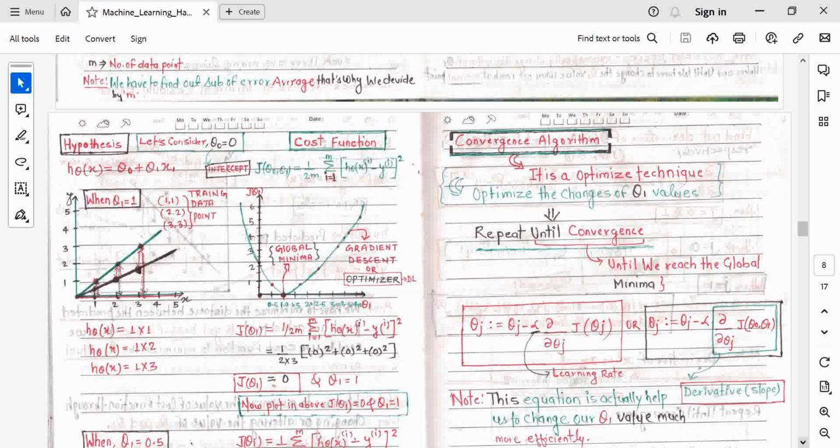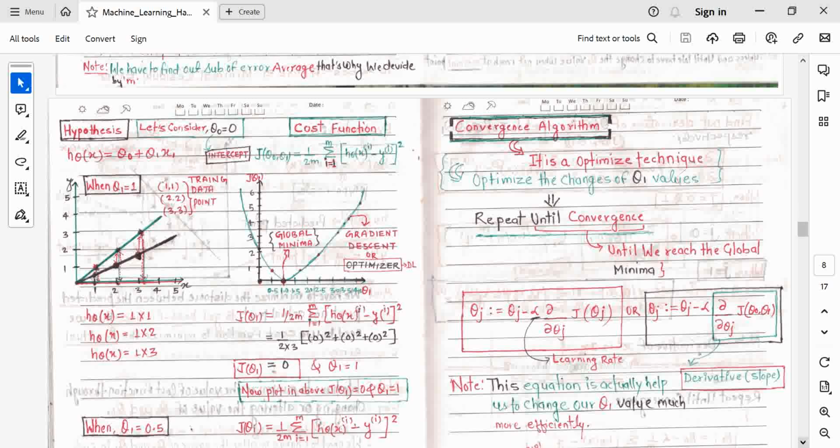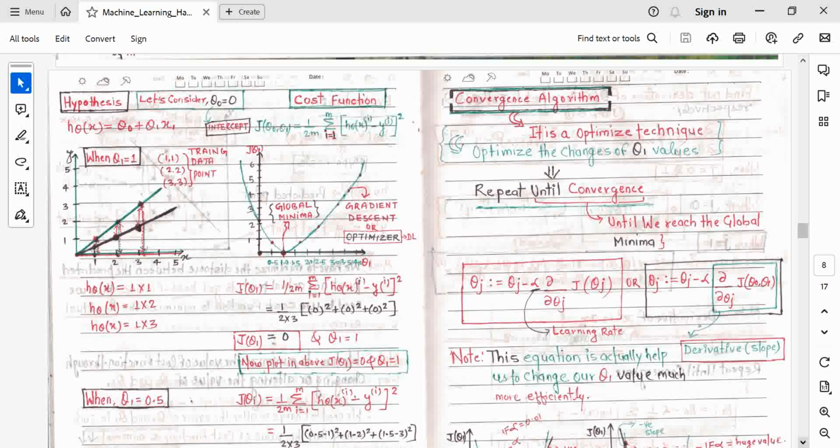h theta of x equal to theta 0 plus theta 1 into x. In these figures, we have already discussed the hypothesis in these classes.